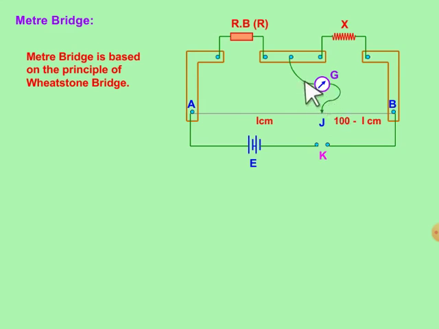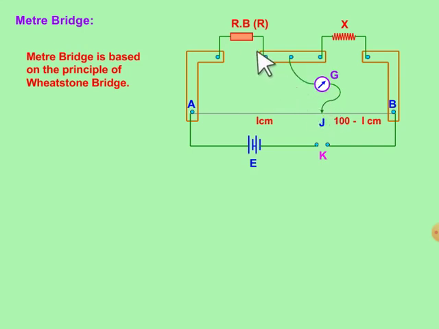So when there is no current flowing here, the potentials at these two points are the same. The potential difference here at these 2 points is equal to 0, so no current will be flowing through the galvanometer, and in that case we call this bridge a balanced bridge.